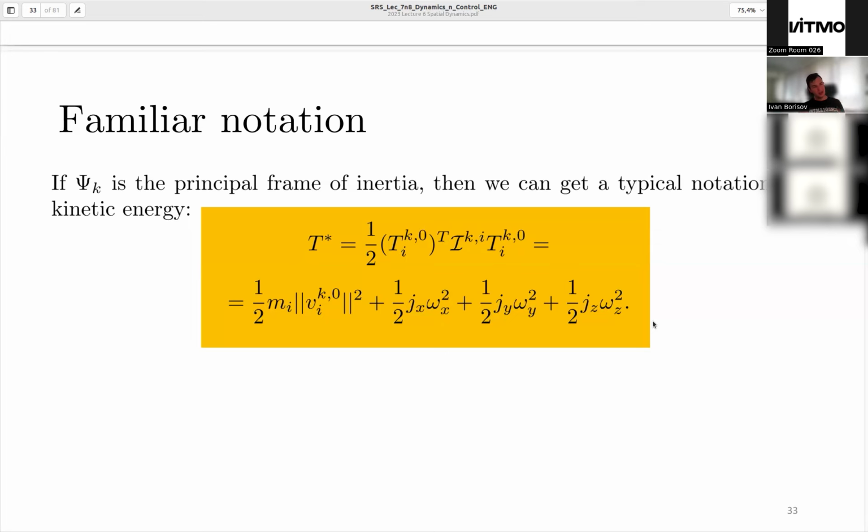SolidWorks, NX, Fusion, or I don't know, any CAD software can do this. You create a model, then you use it to generate a URDF file, and then you can plug this URDF file into any simulation package. You can do this for MuJoCo, Gazebo, Bullet, I don't know, anything.